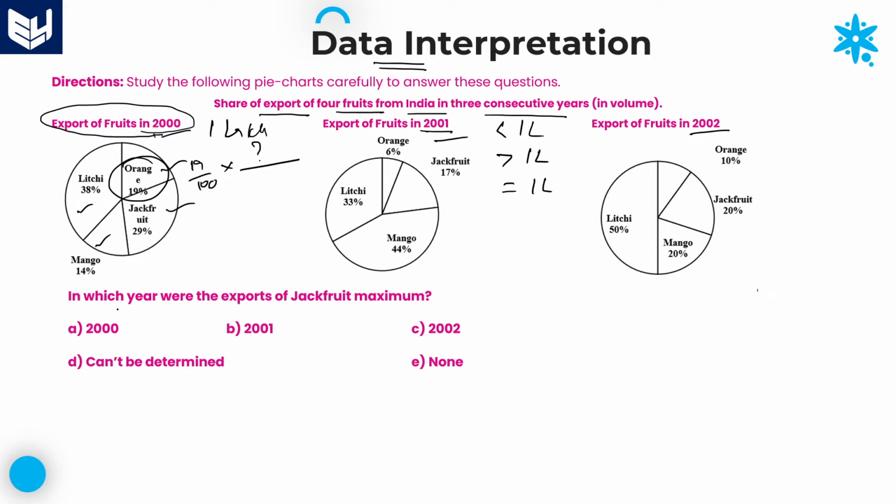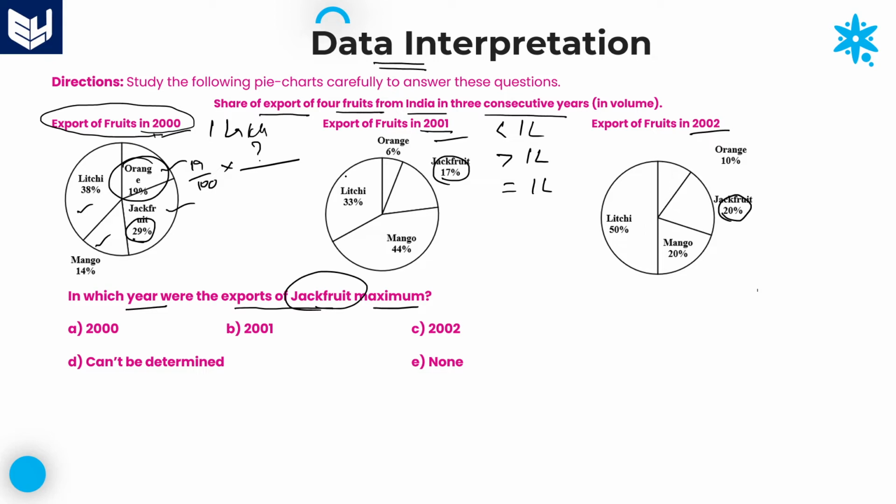In which year were the exports of jackfruit maximum? Jackfruit here is 25 percentage, in this one 17 percentage, and in this year 20 percentage.